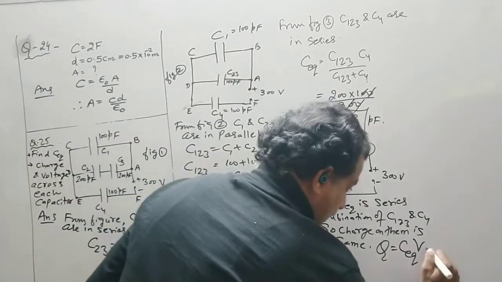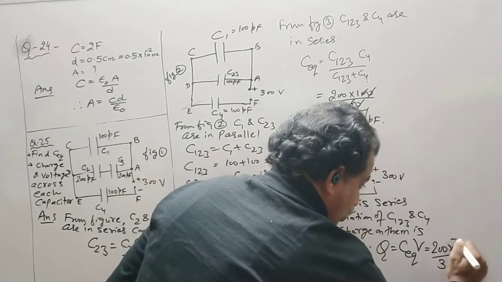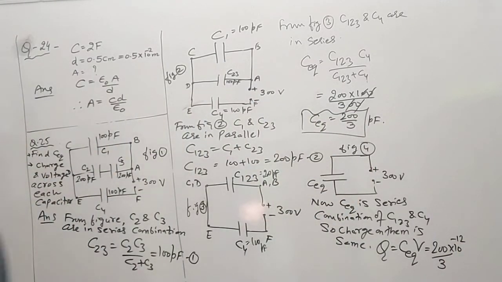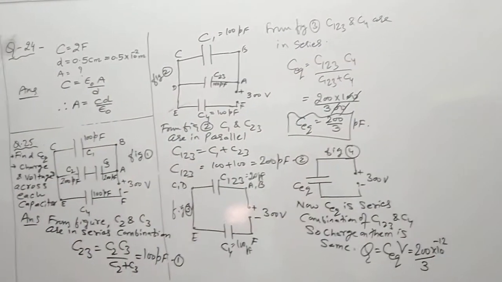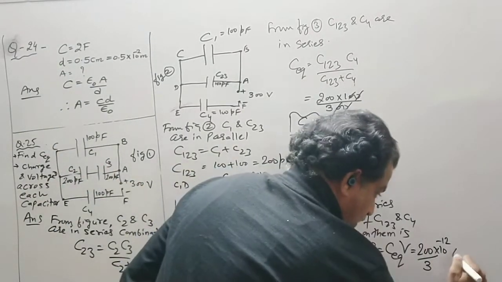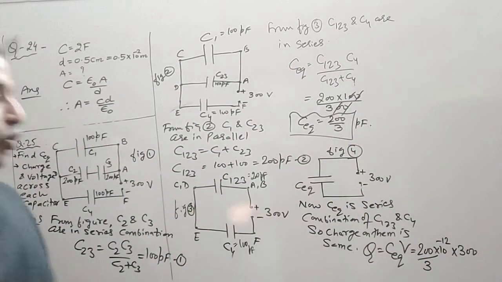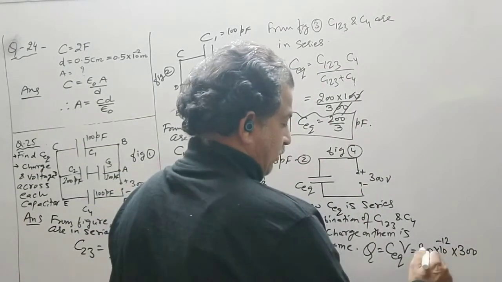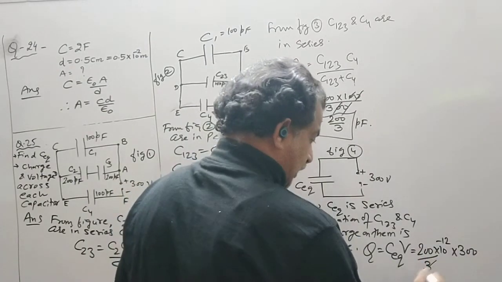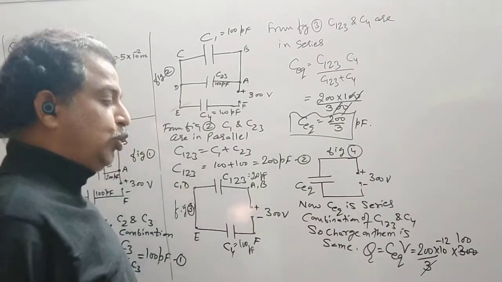So this is equal to 200 by 3, that is pico, that is 10 raised to minus 12, into, I have to find out, okay, this voltage is 300, so 300. So this 3 is cancelled with 3 and we have 4 zeros. So 3 get cancelled with this 300. Now you have 2.